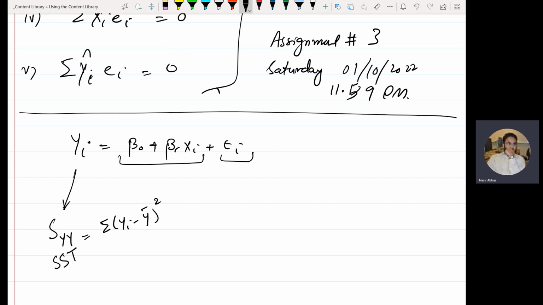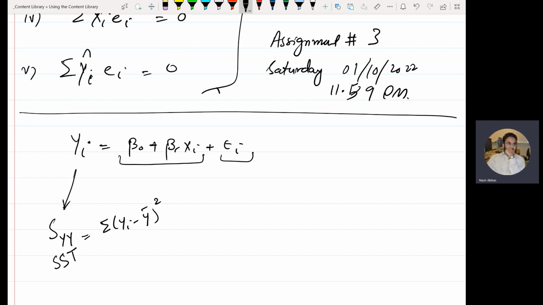For example, if y is expenditure and x is income, some of the expenditure is determined by income, but not all. I can give you an idea about a person's expenditure if I tell you the income, but it will be plus or minus something. Some part will be explained by the predictors, but some part will never be explained. This unexplained part is called the error.